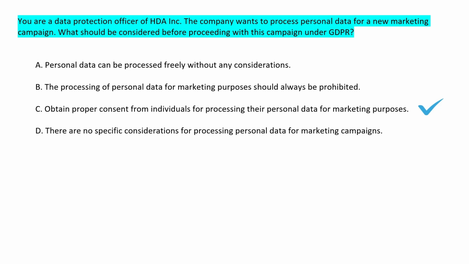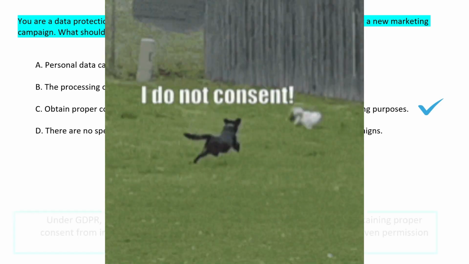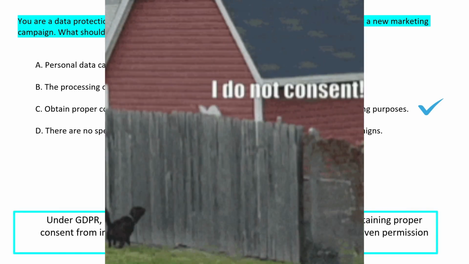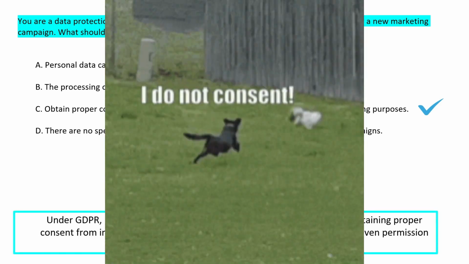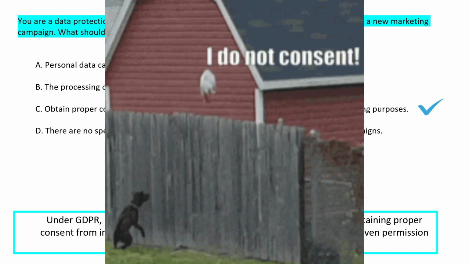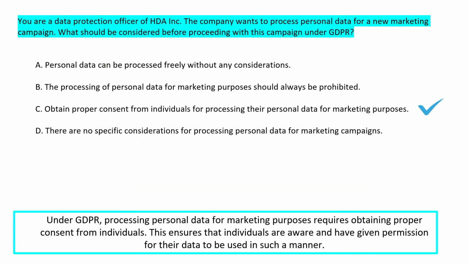Correct answer is option C. Obtain proper consent from the individuals for processing their personal data for marketing purposes. Under GDPR, processing of personal data for marketing purposes requires obtaining proper consent from the individuals. This ensures that individuals are aware and have given permission for their data to be used in such a manner.